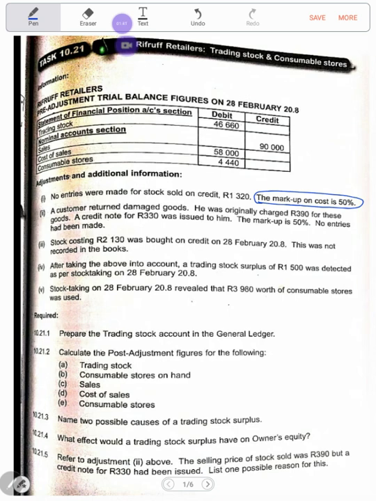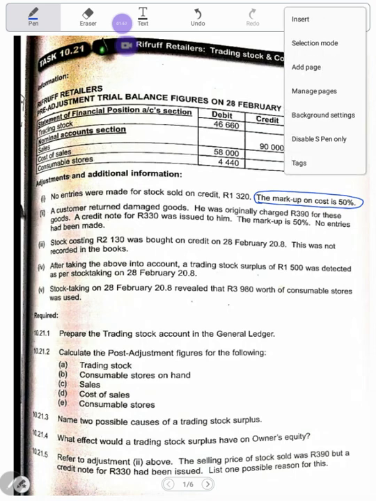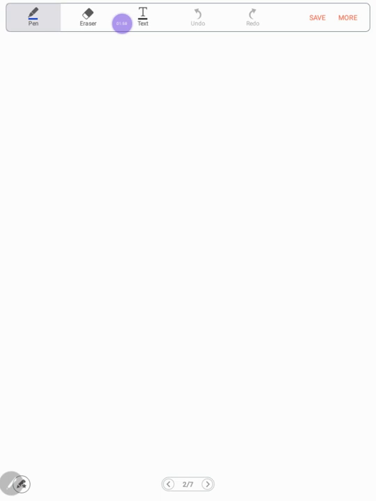Alright, remember when a business purchases goods, it is known as cost of sales. When a business sells goods, it is known as sales. And you are all familiar with the formulas that we use in order to calculate those figures. So again, I will give it to you.